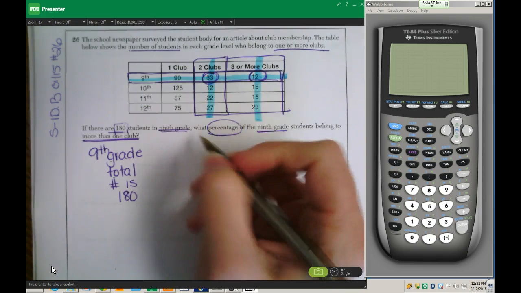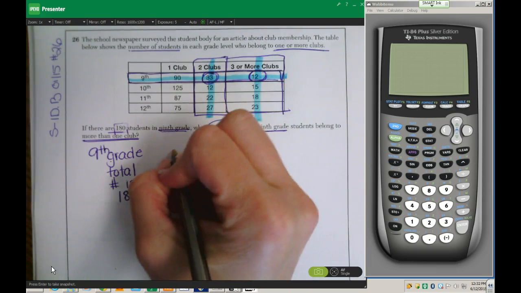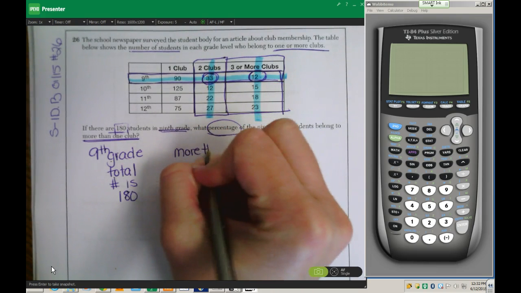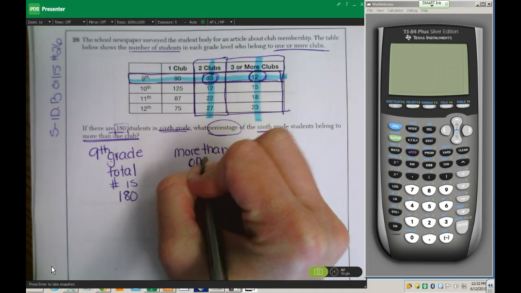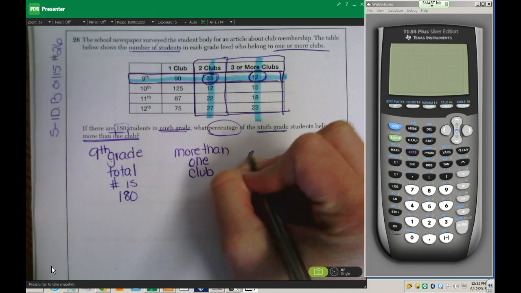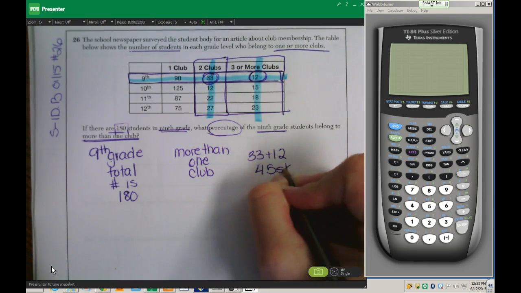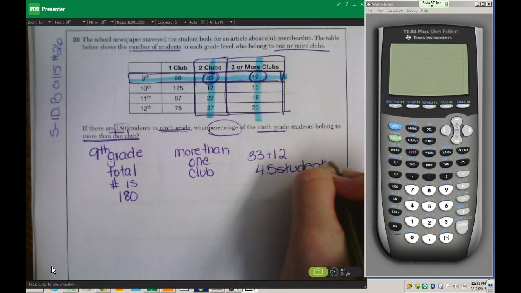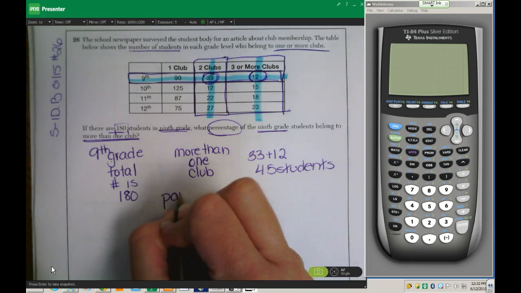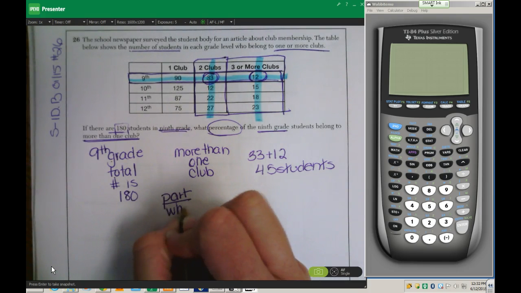So first we need to figure out how many students were in more than one club. All we're going to do is add our 33 plus 12, and we get 45 students. Now you probably remember that when we do fractions, we do part over whole.